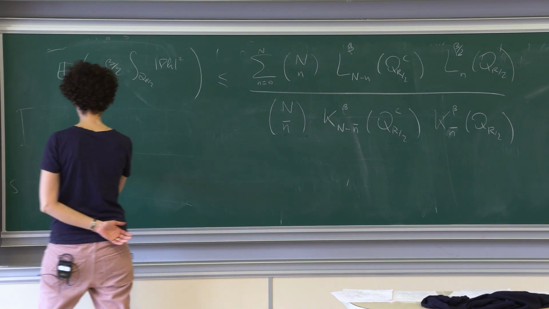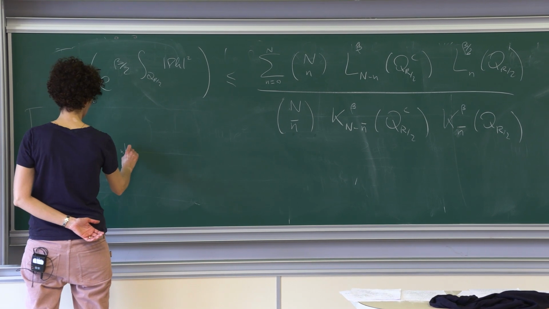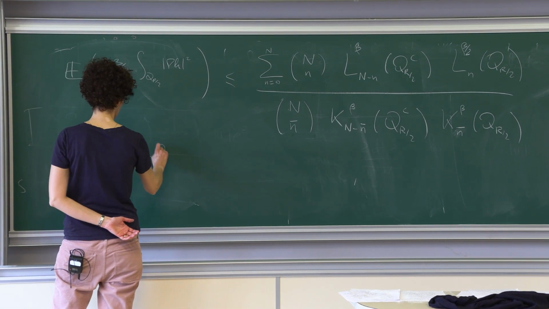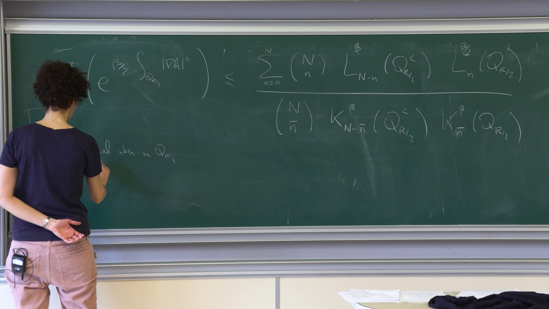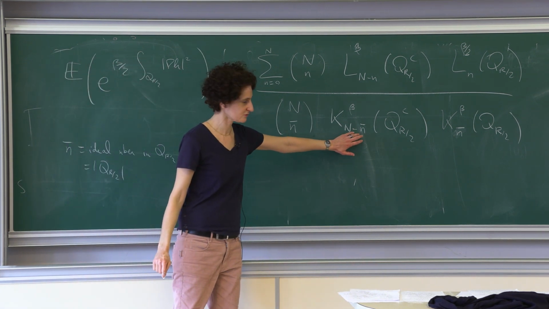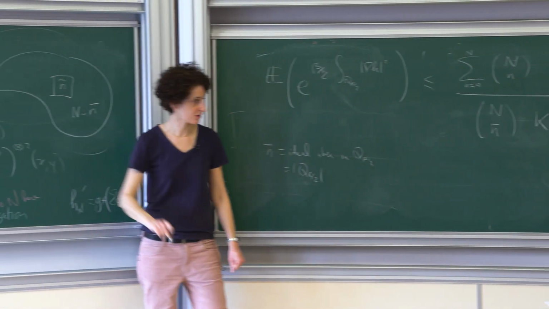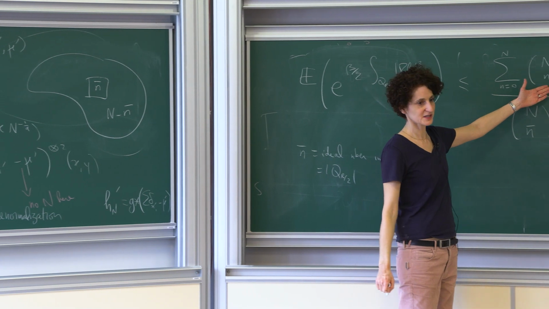So n bar, that's the ideal number of points in QR over 2. It's the volume. Because in the Neumann problem, it has to be neutral, so you don't have a choice of how many points fall here. You can only have n bar, whereas in the other case, you have a choice.